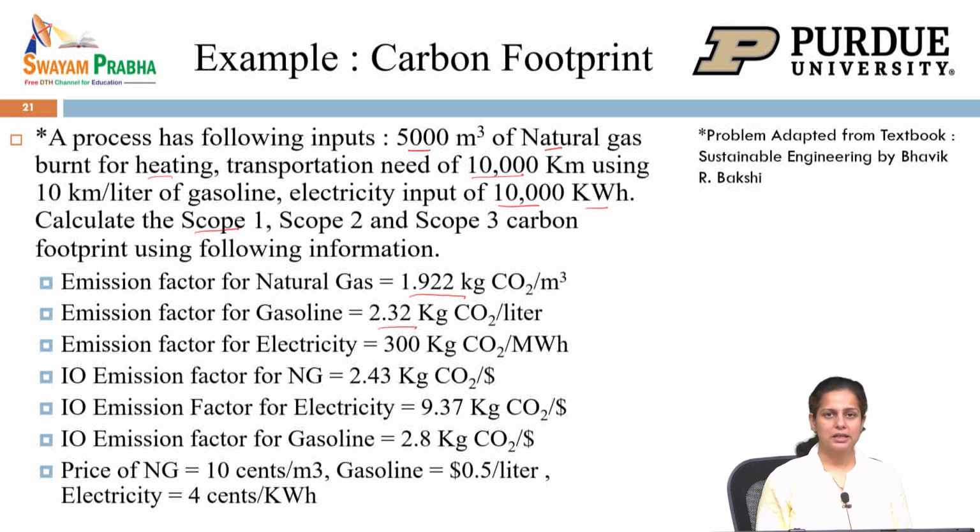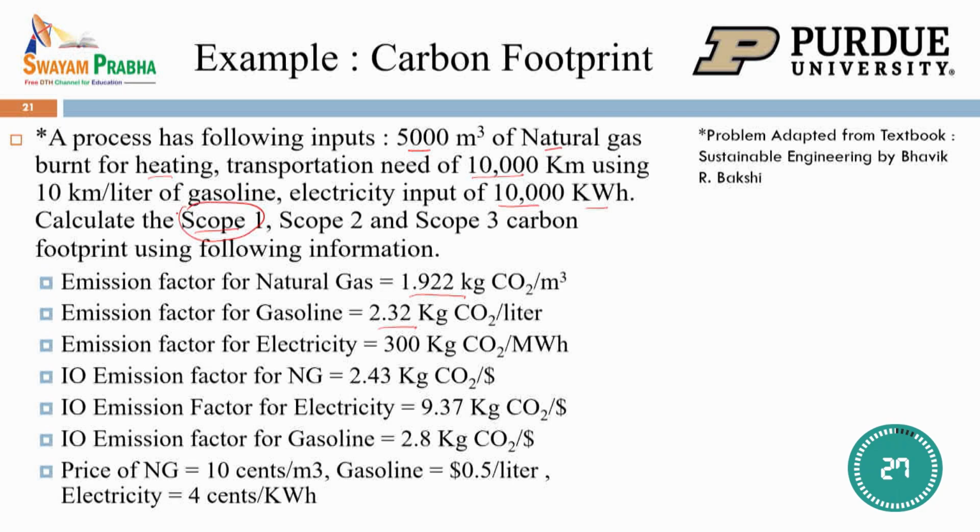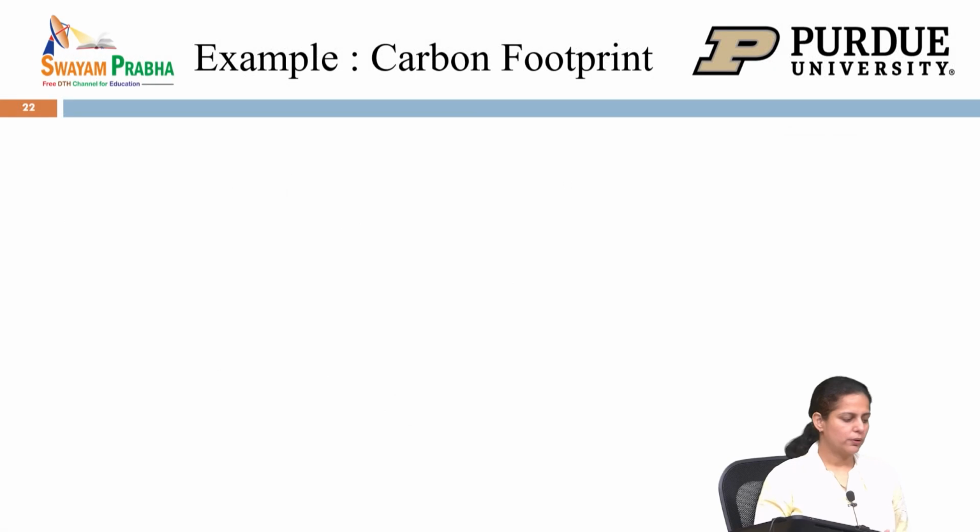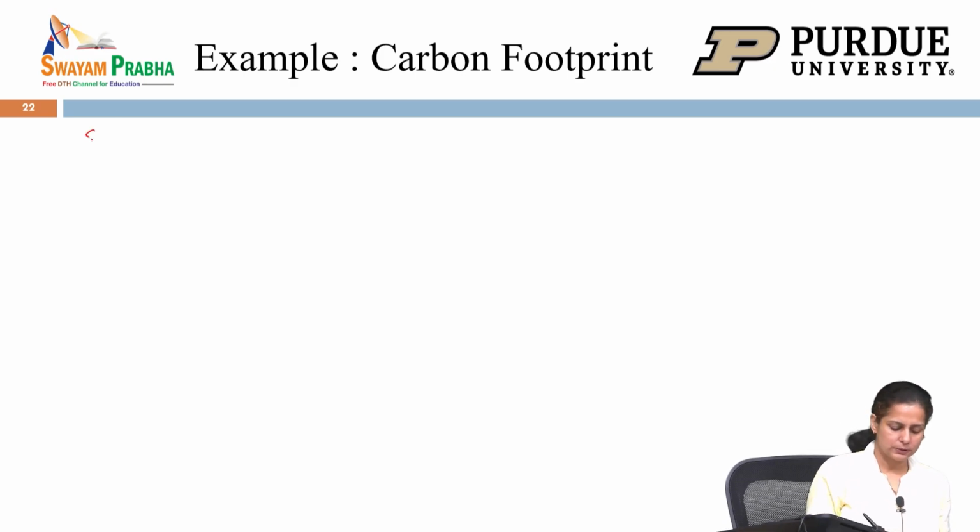So, take 30 seconds and let us just focus on calculation of the scope 1 carbon footprint for this process. Okay, so let us look at the scope 1 carbon footprint.